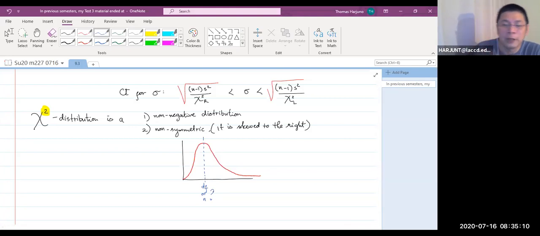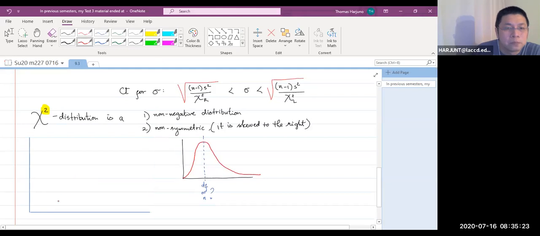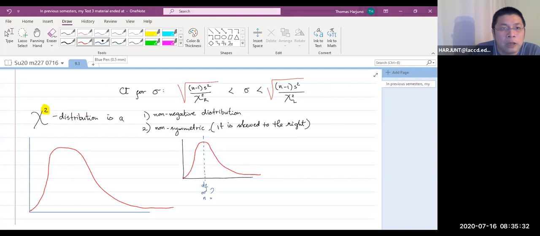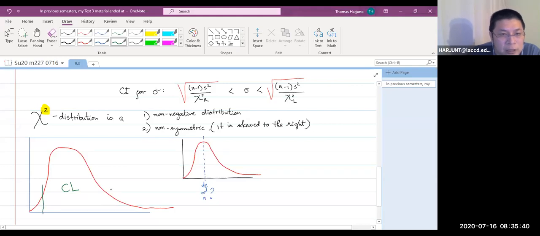Okay. Now then, what is chi-squared right? So let me draw it even bigger now. Let's say this is our chi-squared distribution. Now, they will tell us the confidence level, right? Confidence level will be the area in the middle such that the areas of the tails are equally shared.